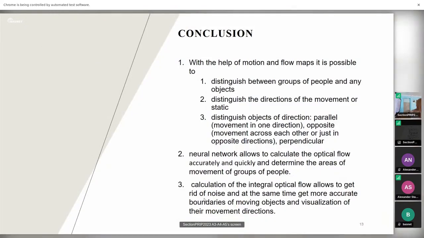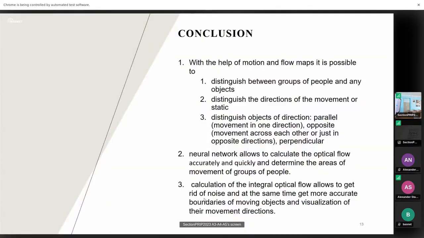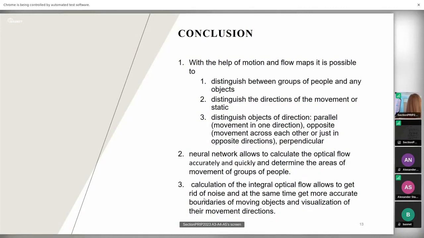So the last one, conclusion. With the help of motion and flow maps, it's possible to distinguish between groups of people and objects, to distinguish directions of movement, distinguish objects of movement, parallel, perpendicular, opposite, etc. Neural networks help us quickly calculate optical flows, but the results are not clearly defined.